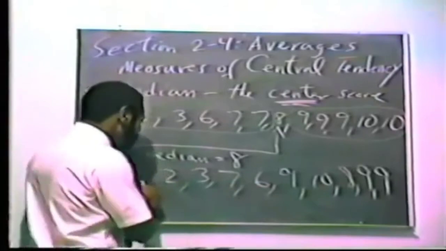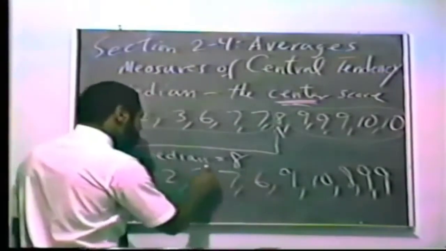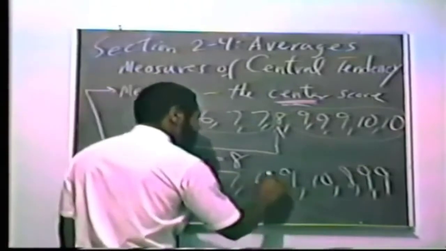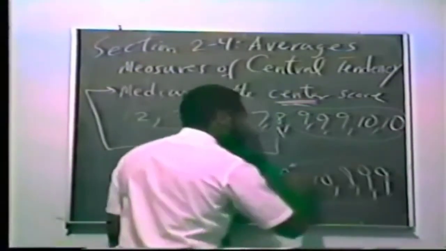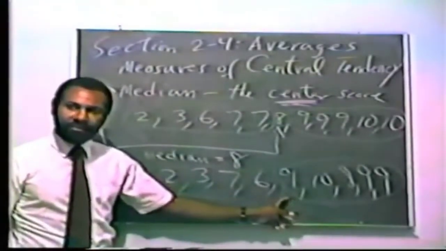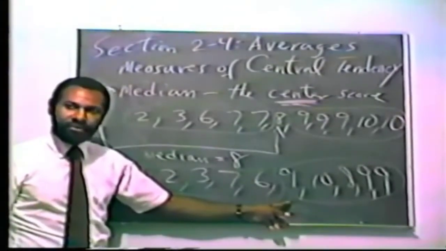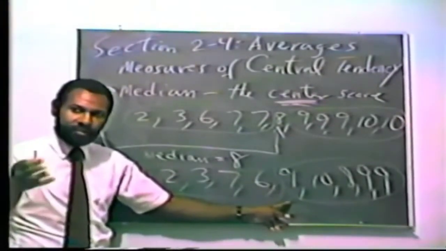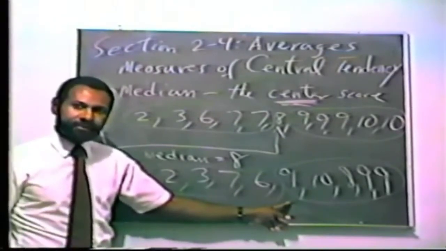Because you're able to take, for example here, 1, 2, 3, 4, 5, we have 5 numbers on this side, 1, 2, 3, 4, 5, we have 5 numbers on that side, and there's no number that's right in the middle. There's no number in the center for the measure of central tendency that we're looking for, which is the median.